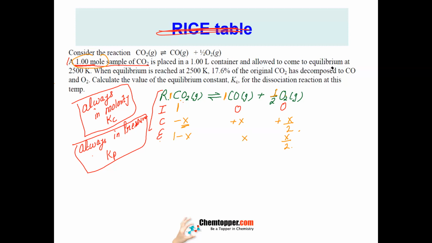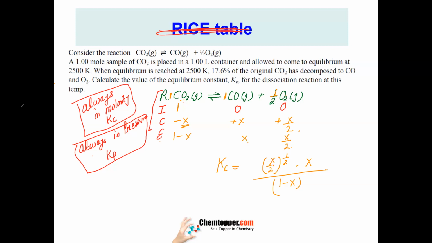I need to calculate it, because they are asking me to calculate Kc, and Kc is the concentration of this, x over 2 raised to power 1 over 2, times concentration of this over concentration of this. If I know x, I know Kc. So how should I know x?